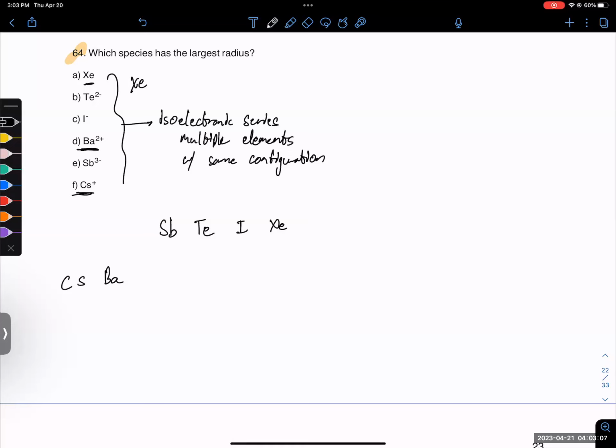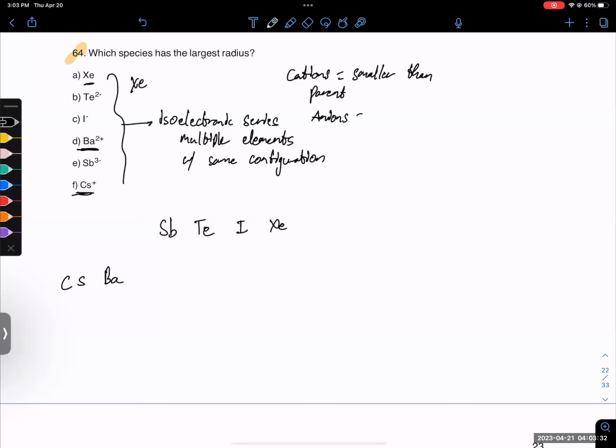What's true about a cation's atomic radius in reference to the parent atom? Cations are smaller than parents. And what about anions?